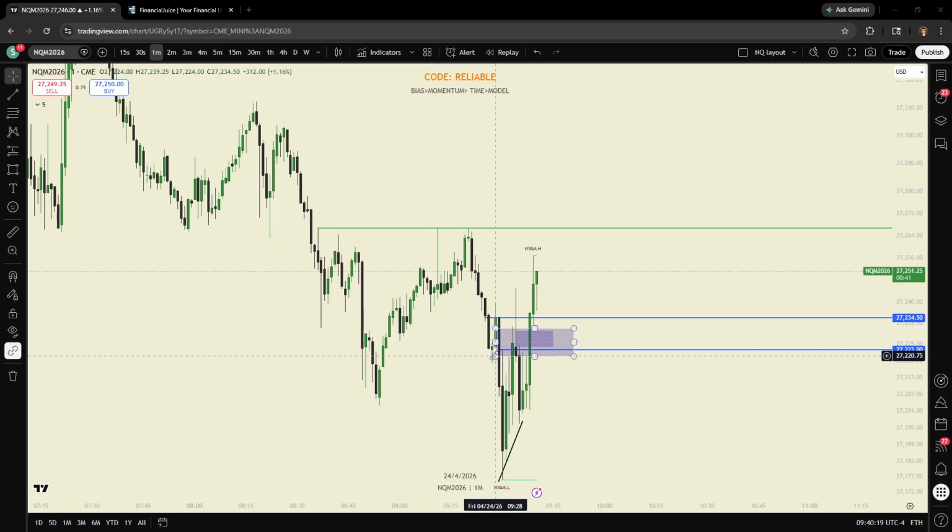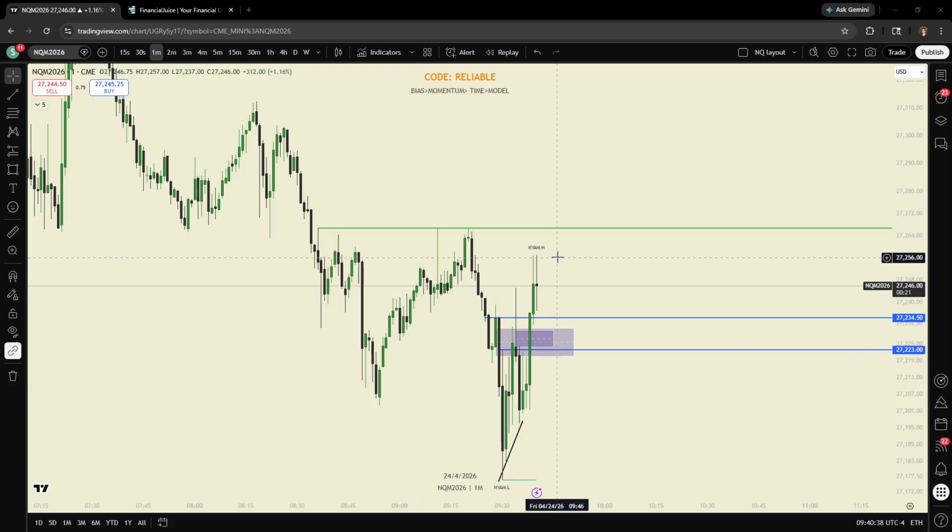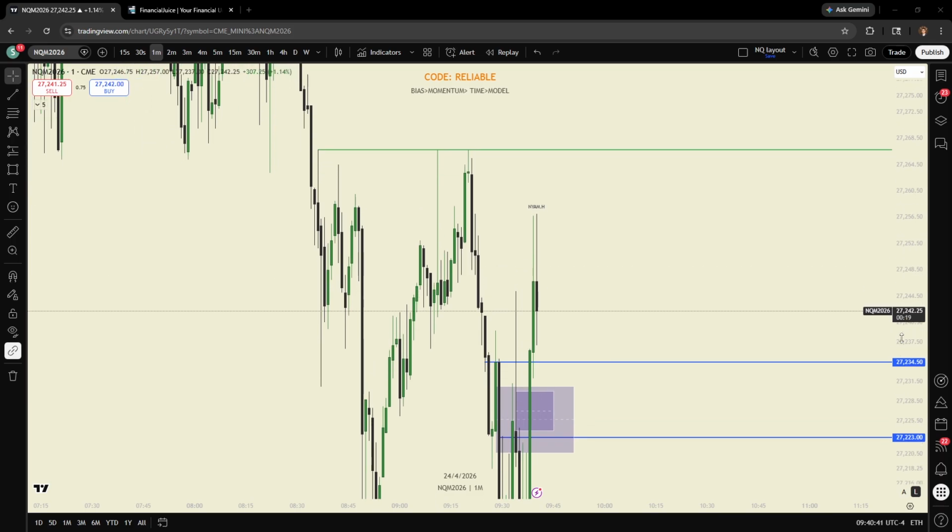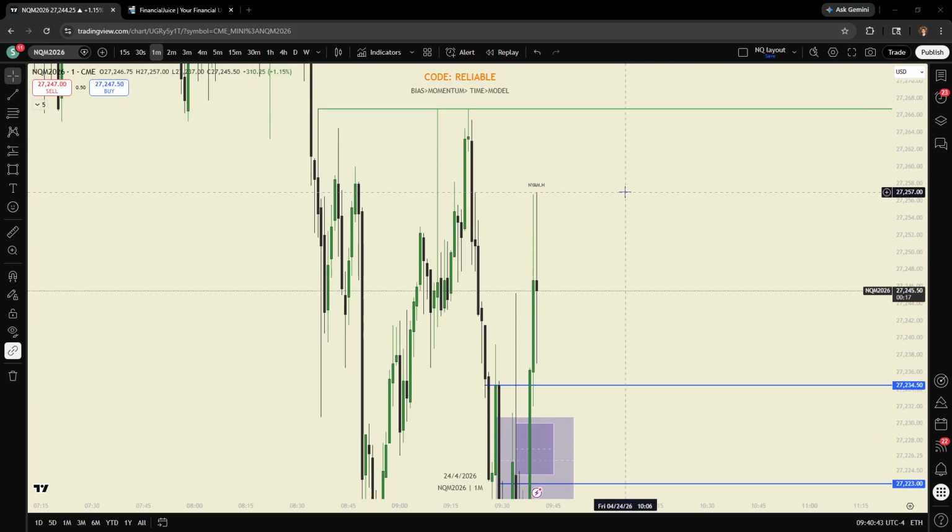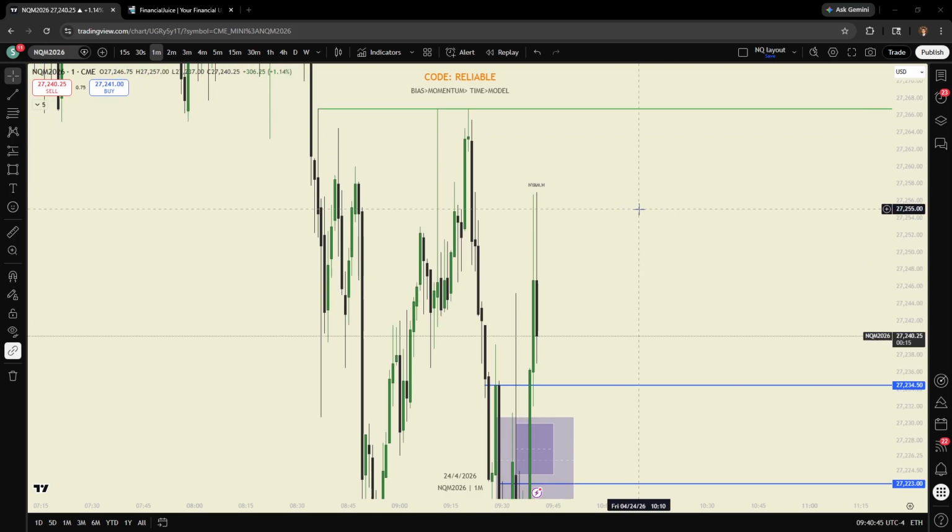Even the 1 minute there gave us the CISD too, which is so good. It's gonna be a pretty giant candle when it runs this. It's gonna be probably the next candle, I'd guess. Wait, did we just form equal highs? Yeah, we just formed more equal highs at 257 too.